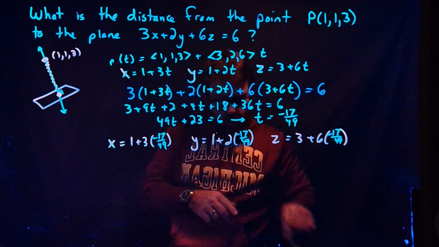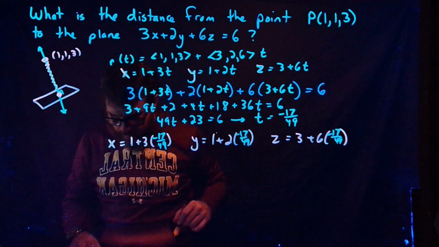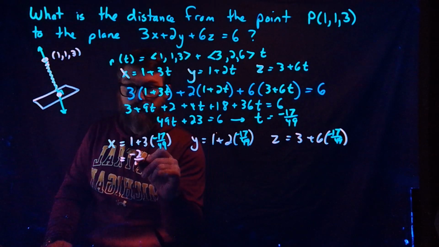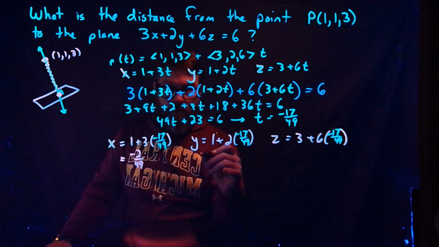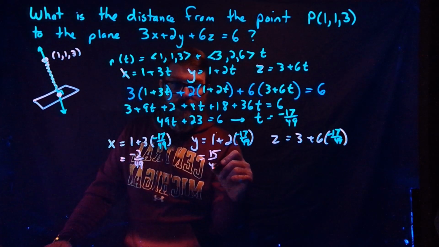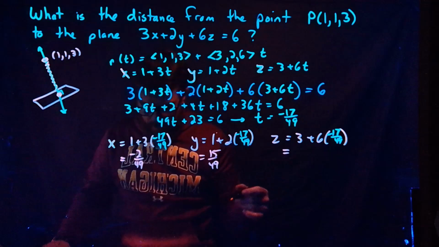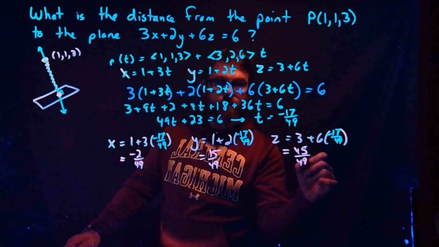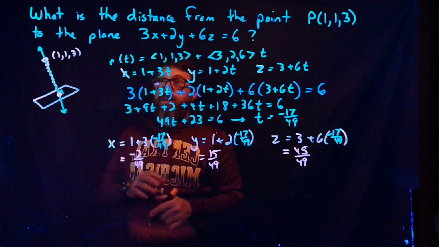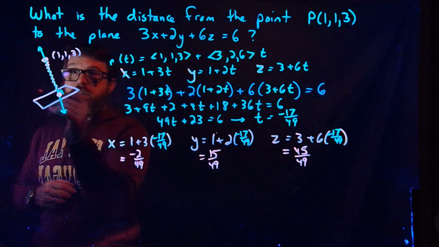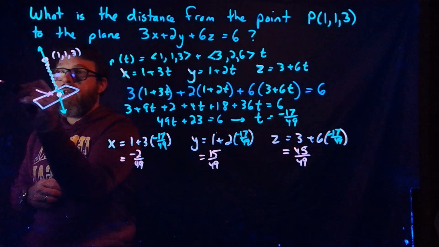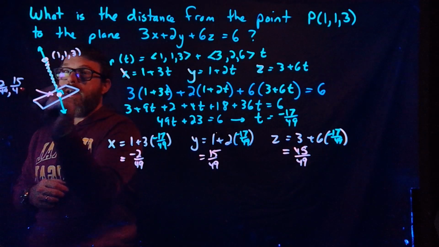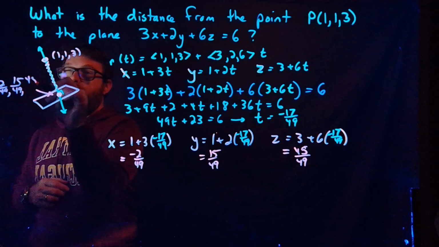So the point (x, y, z) is going to be: x equals negative 2 over 49, y equals 15 over 49, and z equals 45 over 49. That gives us this point right here: negative 2 over 49, 15 over 49, and finally 45 over 49.